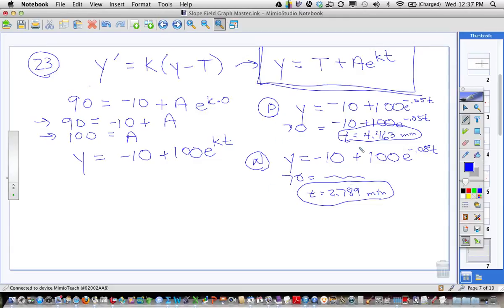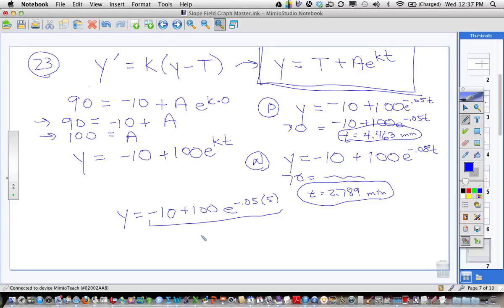Then the second part of part A was, what's the temperature after 5 minutes? For that part, you don't know y, so you're just going to go -10 plus 100 e to the -0.05 times 5. You're simply going to plug a 5 in. Now here you don't have to do a solve. You could solve that for y, but there's nothing really to solve. The y is already by itself. So you really only need to type that in like that.